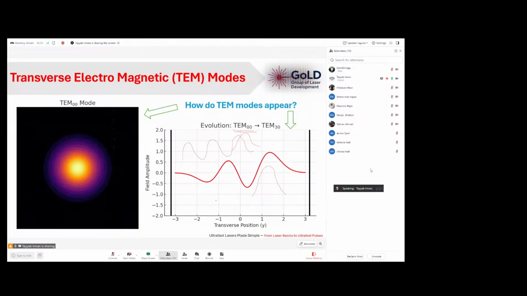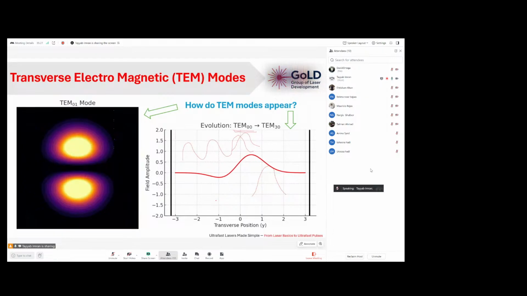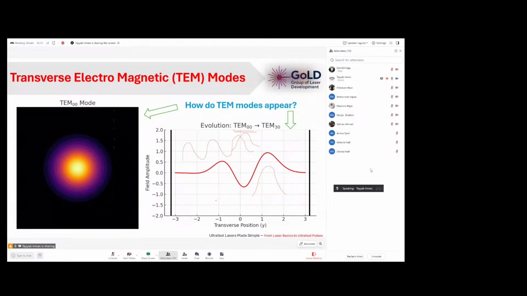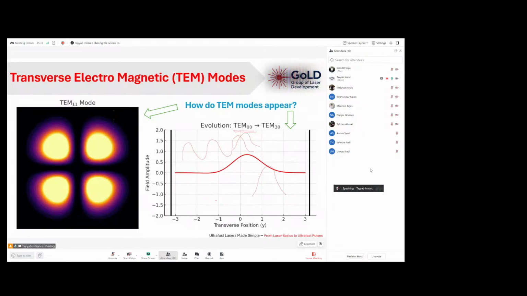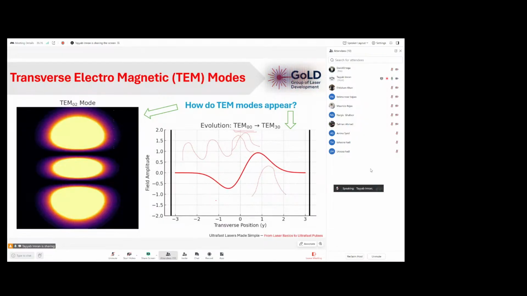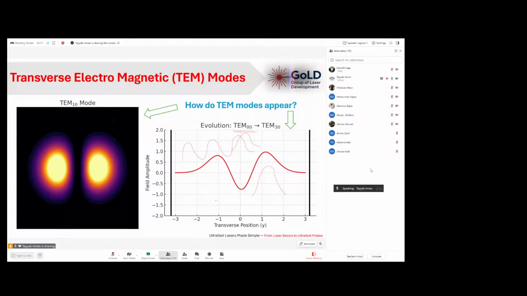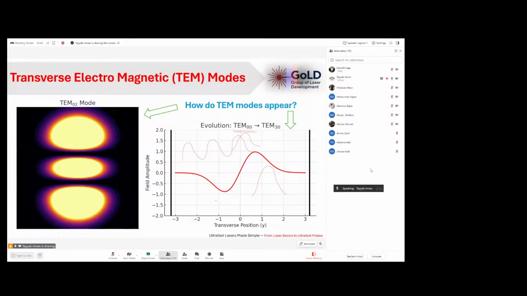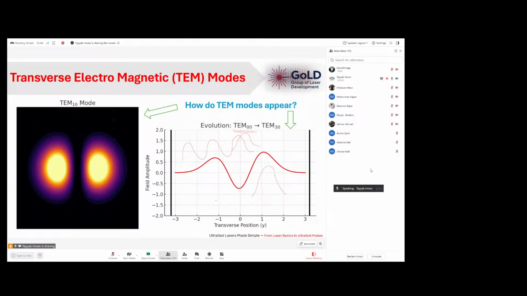If we have higher modes, it's possible that we can have higher energy at the output of the cavity. But the beam is not Gaussian. I mean, it will have a number of humps, which is not needed.